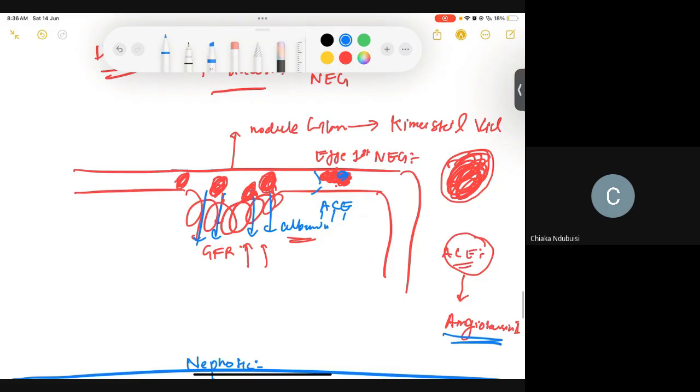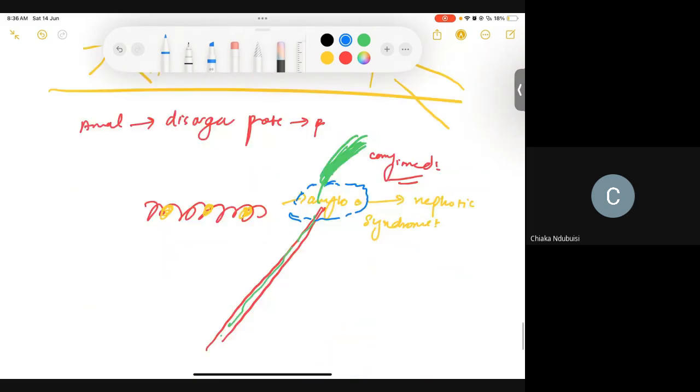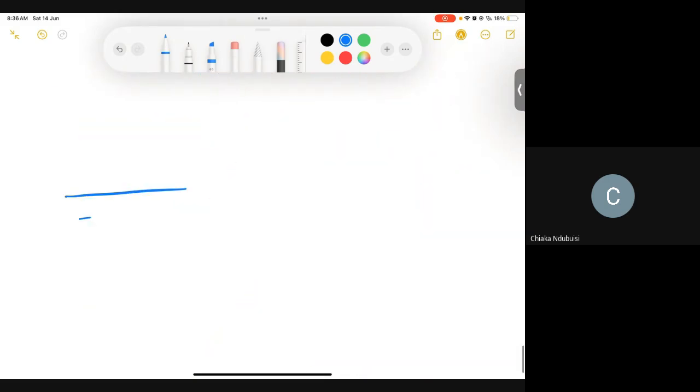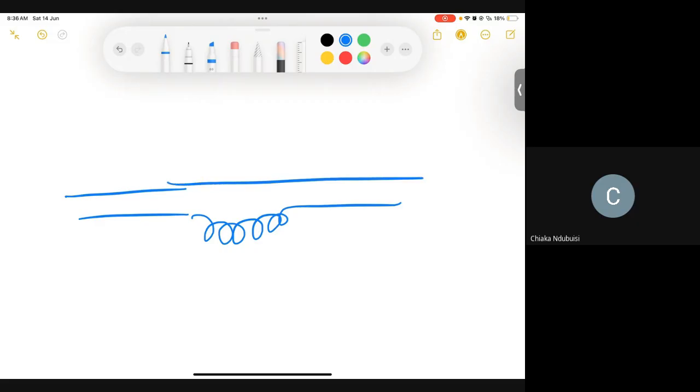Okay, sure. Whenever we have diabetes, the glucose is going to undergo non-enzymatic glycosylation. Let me just draw it here. This is our afferent arteriole, our glomeruli, our efferent arteriole. If you have a lot of glucose present here, it reacts with your endothelium without using an enzyme, which is known as non-enzymatic glycosylation.